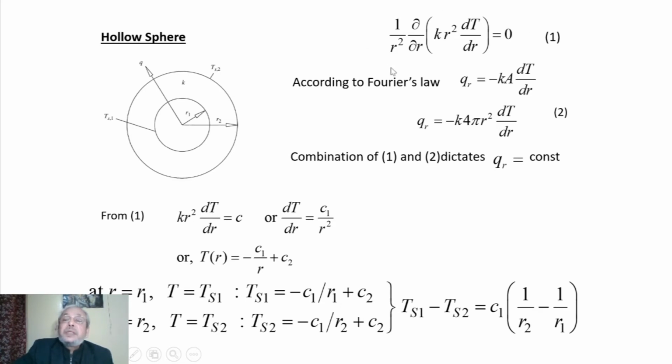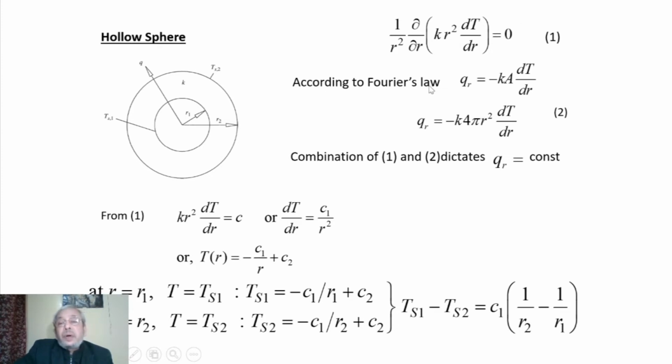In spherical polar geometry, with variation in one direction, that means the R direction, in the absence of heat source, we can write 1 by R square del by del R of K R square dT dR equal to 0.